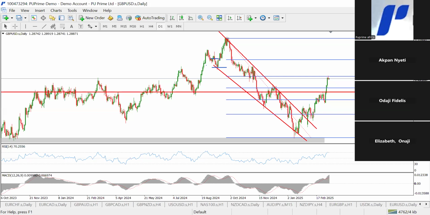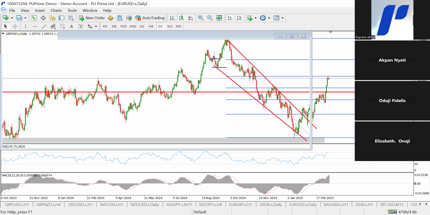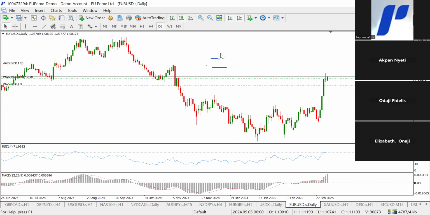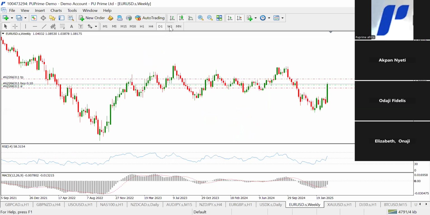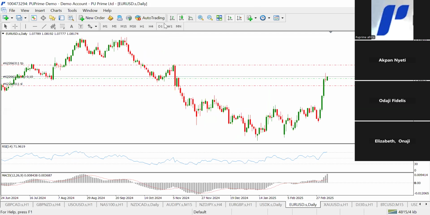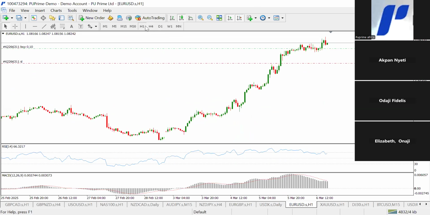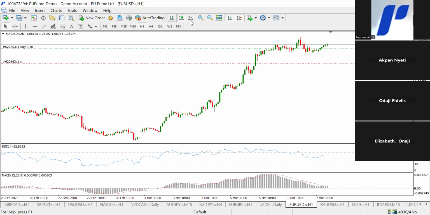So let's look at Euro USD. All right, so this is Euro USD, on the 1 hour.